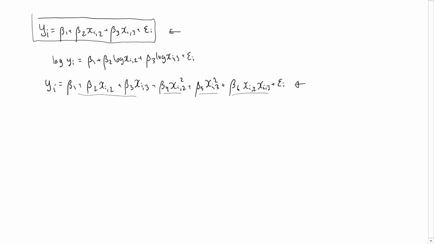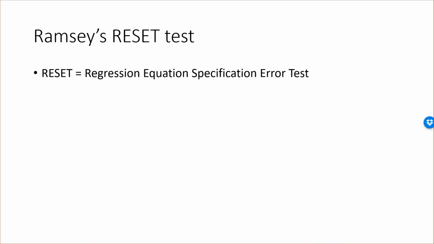So let's move on to the question of how this is done. And the idea is actually really straightforward. So you have a linear regression model, then you can perform this Ramsey reset test, where reset is just short for regression equation specification error test.